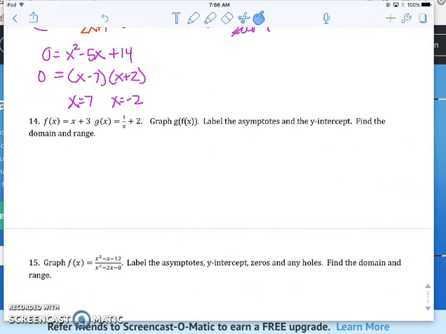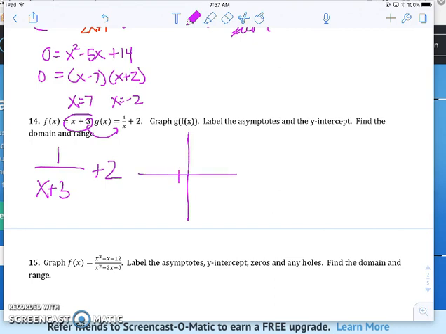It says graph g of f of x, label the asymptotes and y-intercepts. So g of f of x, so this is going into our g function, so 1 over x plus 3, plus 2. Well, let's see, what do we know about this?